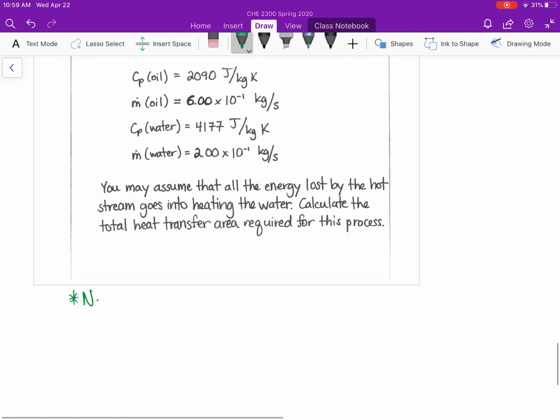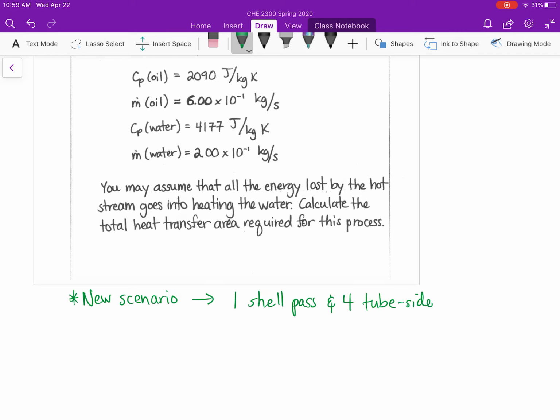Okay, so now let's imagine the scenario. So here we have a new scenario. We are going to move to one shell pass, but now we are going to have 4 tube side passes.